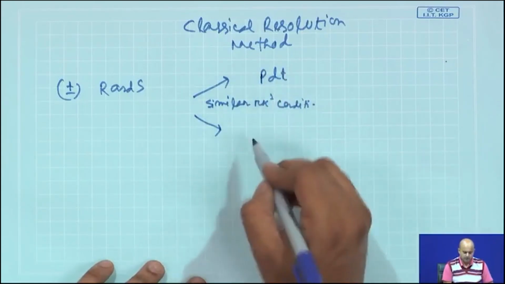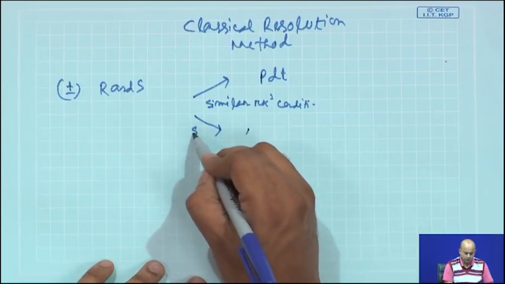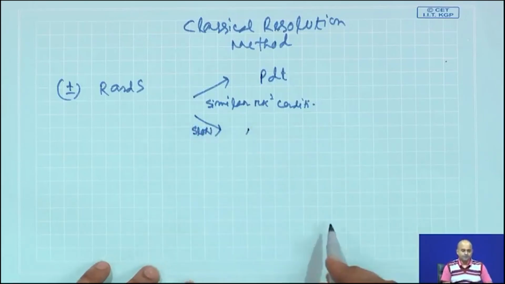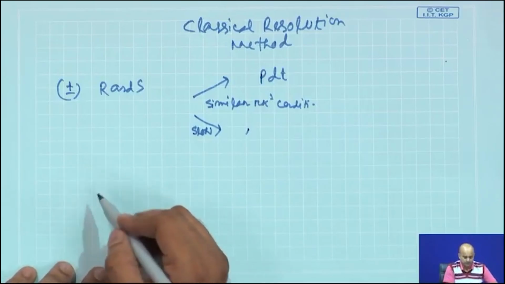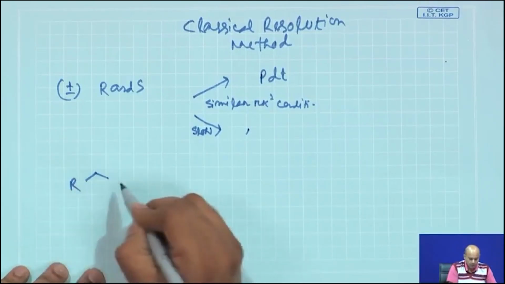The other enantiomer reacts very, very slowly. Now we will give you an example, so that it simplifies the whole concept.